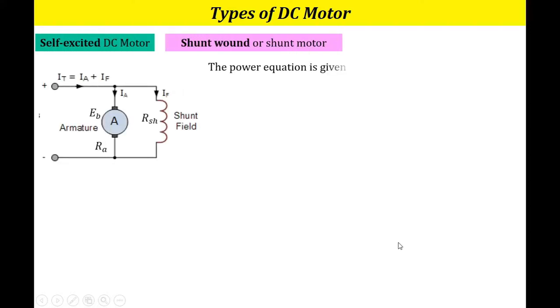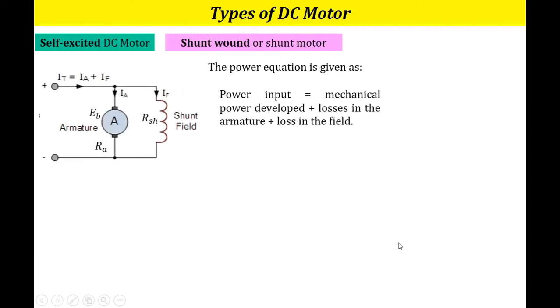Now, what is the power equation? We know that power input equals mechanical power plus losses associated with the armature and obviously losses with the field winding. Therefore one can write power input is V into I. Mechanical power developed is PM.